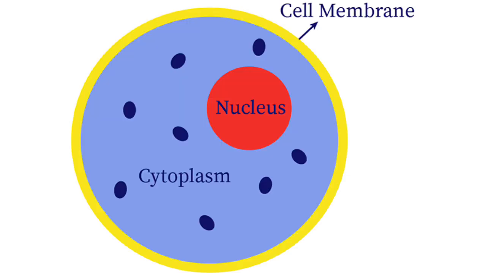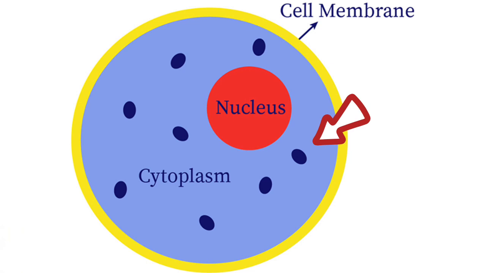After talking about the cell membrane, let's talk about the other part of the cell, which is the cytoplasm. The cytoplasm is basically the fluid portion of the cell. It's made up of fluids, about 90% water. So it's a fluid medium. Within this fluid medium, there are some small structures that are embedded in it.